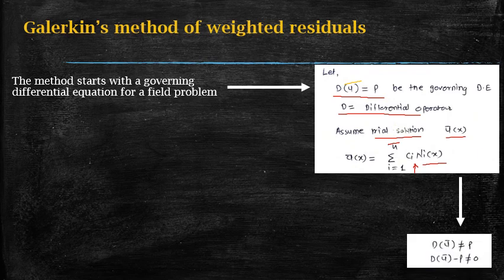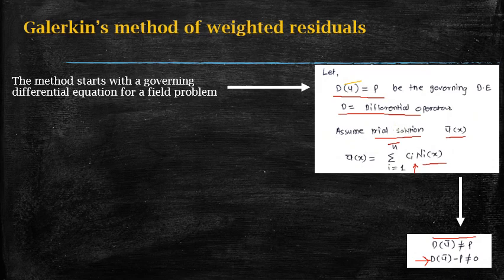Now if I substitute this trial solution, which is an approximate solution, into our differential equation, then you can see that there is an inequality. Why? Because this u bar is not the exact solution. So I can write D of u bar is not equal to P, or rather I can rearrange the terms: D of u bar minus P is not equal to 0.